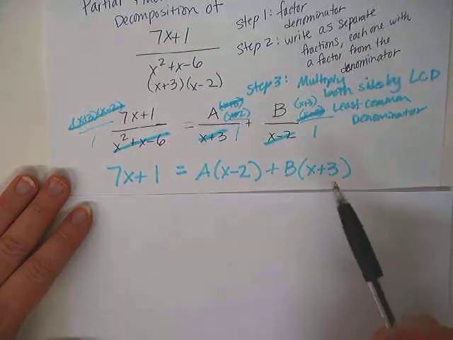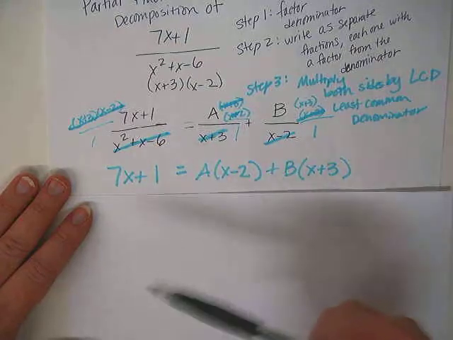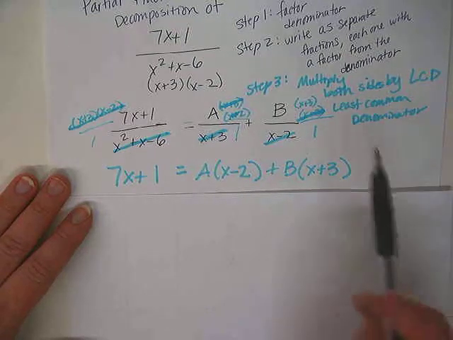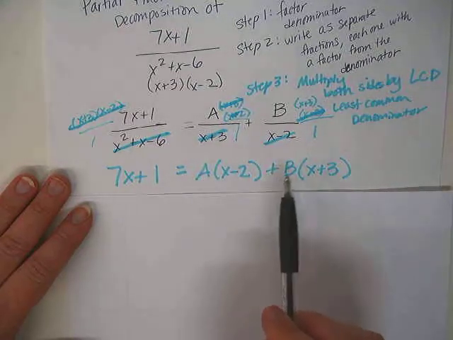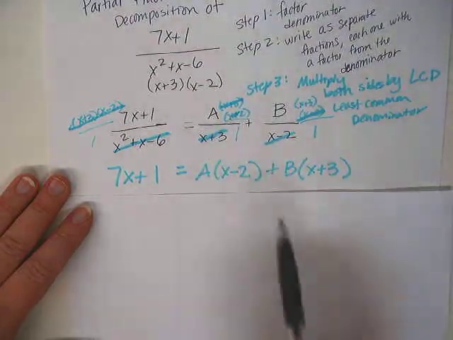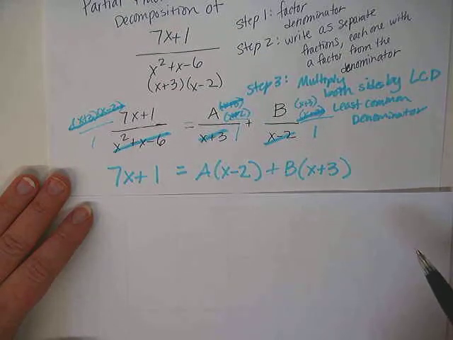So, would it be okay for us to randomly choose x values that would allow us to solve for A and B? Because right now, don't we have 3 variables in this problem? We have variable x, variable A, variable B, and we want to solve for A and B. We don't care what x is because we're just leaving it as a variable. But we do want to know what A and B are, so we can know what the fractions are that add together to get this fraction.